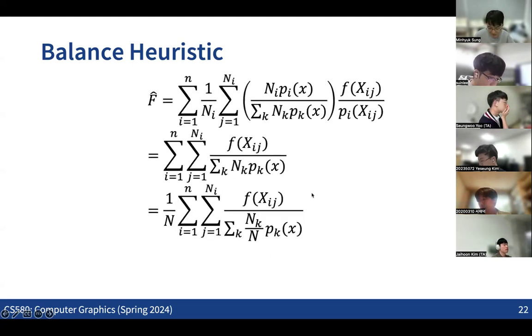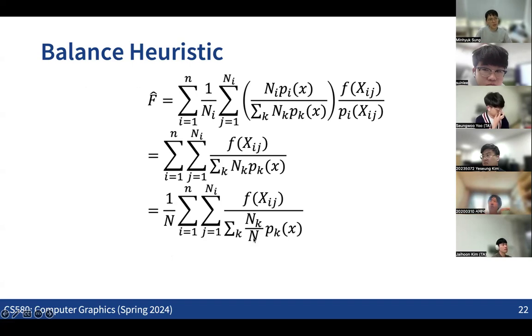Then we can rewrite the same estimator with this specific weighting function, and we get results like this. Here I did nothing but divide by 1 over N, so that this becomes a ratio: the number of samples over the total number of samples, where N is the total number of samples.